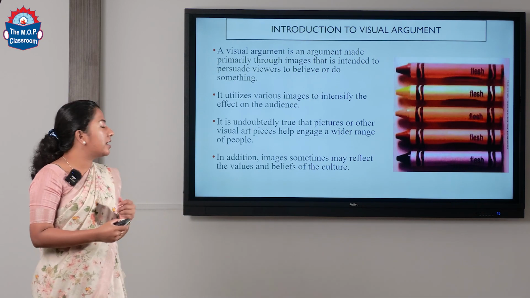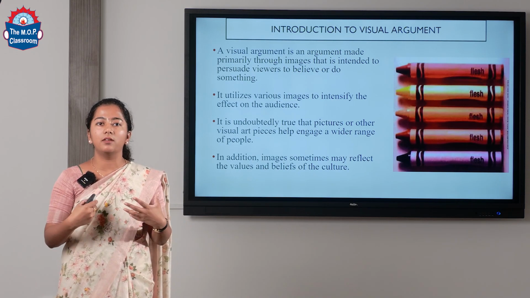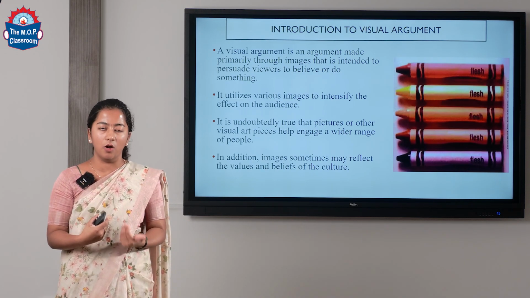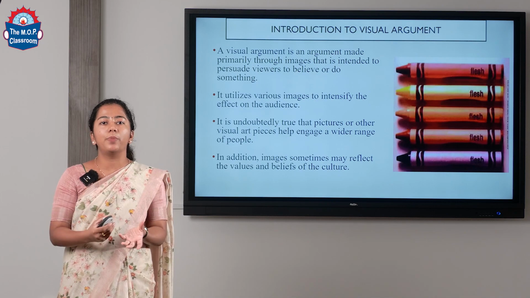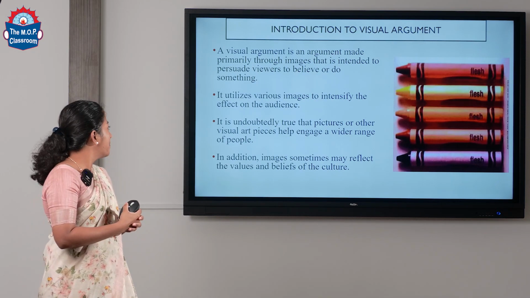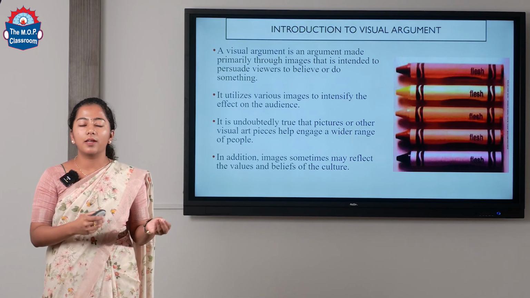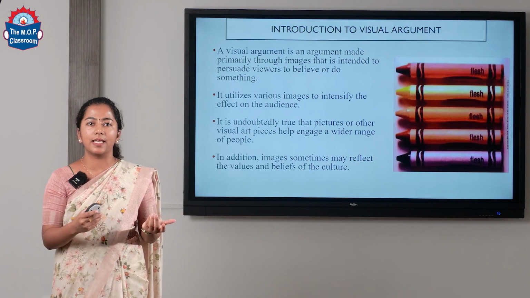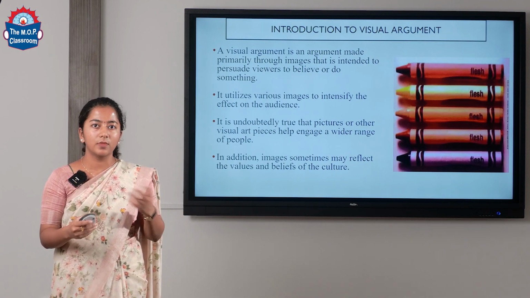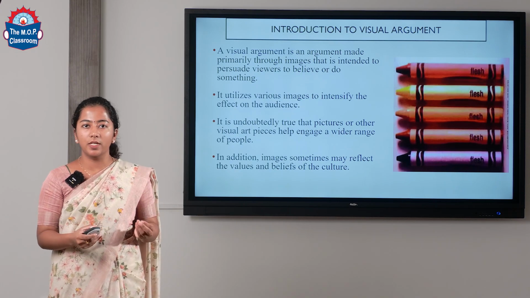Pictures play a huge role in bringing forth the message to us as the audience. When you use pictures, it tends to reach a wider range of the audience. Images will also reflect the culture and practices of a particular sect or an organization of people. So this is a very short introduction to what visual argument is all about.